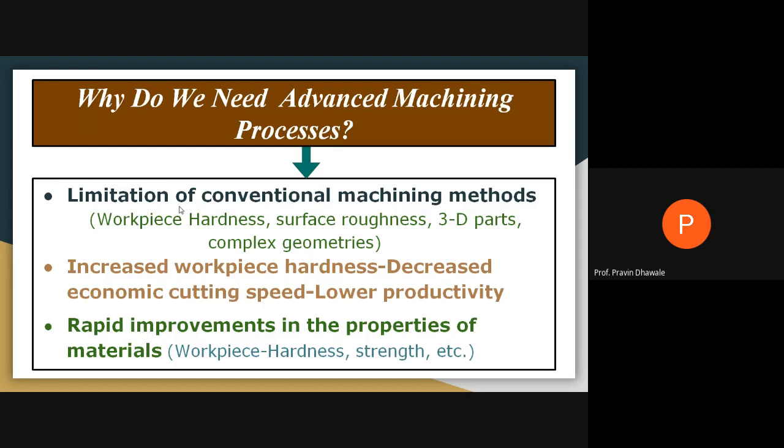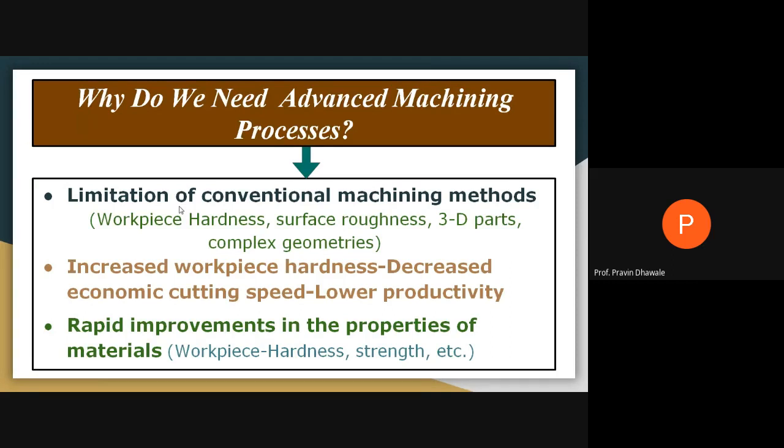Then, due to non-conventional machining, heat is generated, and because of that heat, rapid changes in the properties of the material are observed. Which are those? That will be the hardness of the workpiece in certain areas because of high temperature. We may study it in metallurgy, right?